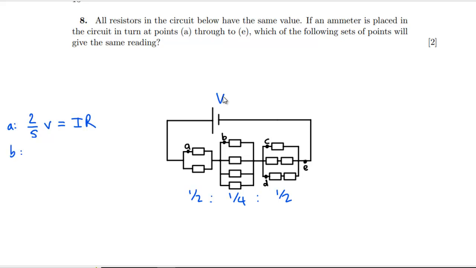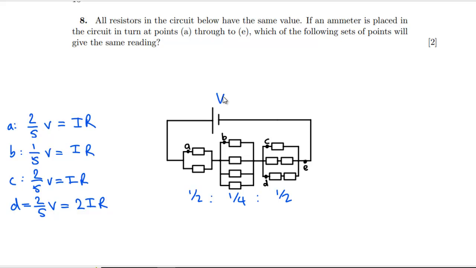Then for B, we've now got 1/5 of V is going to be equal to I times R. For C, we're going to have 2/5 of V again is equal to I times R. So A and C are the same. And then D, we've got 2/5 of V is equal to 2 lots of I times R. So that's going to mean that B and D are the same.